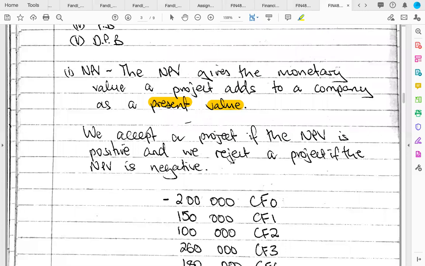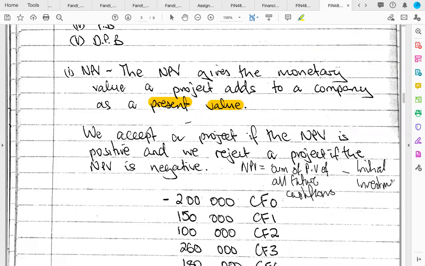Now, the important thing to note when it comes to calculating the NPV is that we're simply taking the sum of the present value of all future cash flows minus the initial investment, and then this gives us the NPV.